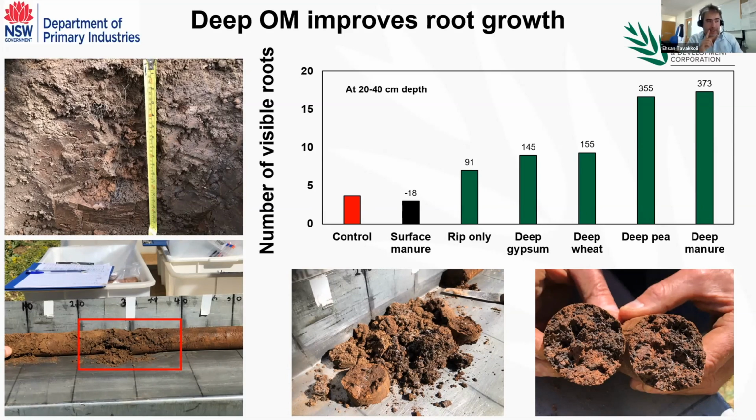So that's the trick. You need to have remaining water in the subsoil, and you need to improve the soil structure to release that water, because if you don't release it from a dense clay, even if the root is there, you still won't see the benefit.